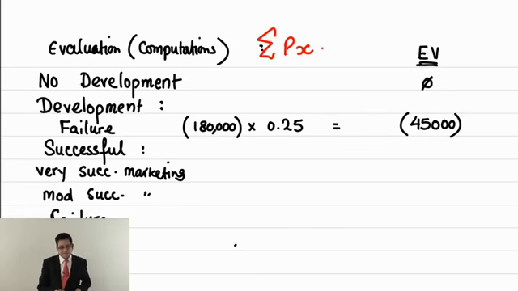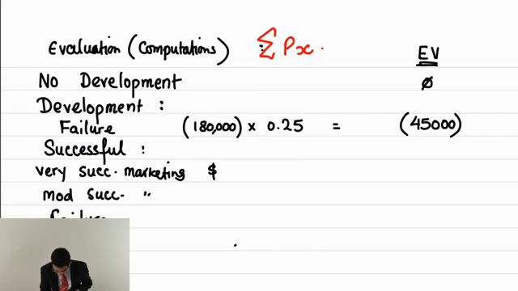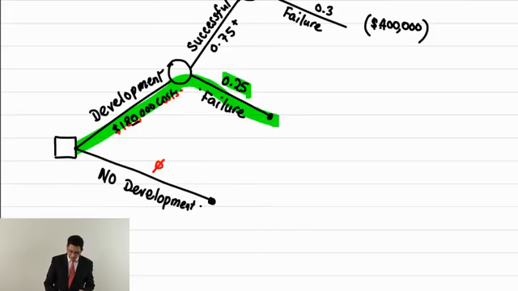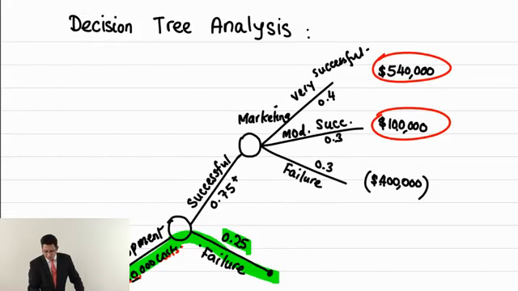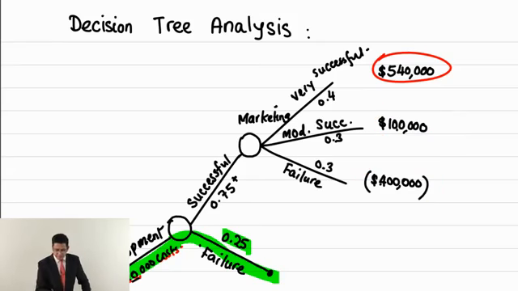If our marketing is successful, we will make a profit of 540,000, I think. Moderately successful, profit of 100,000, and failure, there is a loss of 400,000. Now what you need to do is look at each branch of the decision tree. I copied and pasted the profits and losses. Now what you need to do is this. Please look at them one by one.